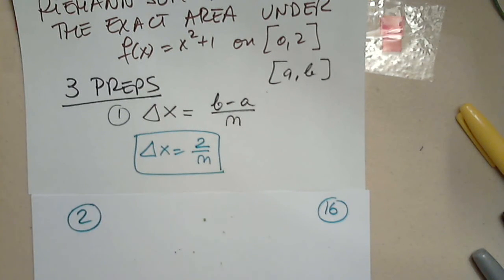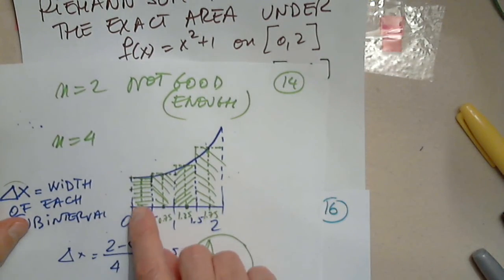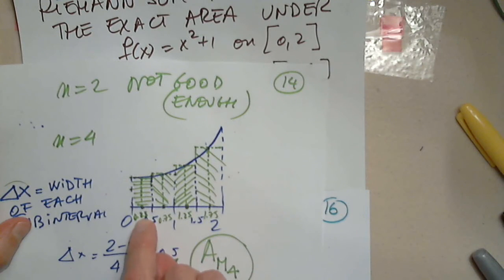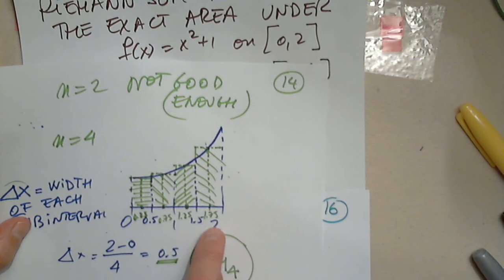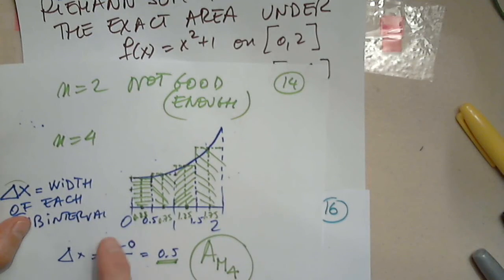Prep number 2. xi. Again, what does this xi mean? For the first subinterval is 0.25. For the second subinterval is 0.75. For the next is 1.25. For the next is 1.75. For i equals 1 is this. For i equals 2 is this.